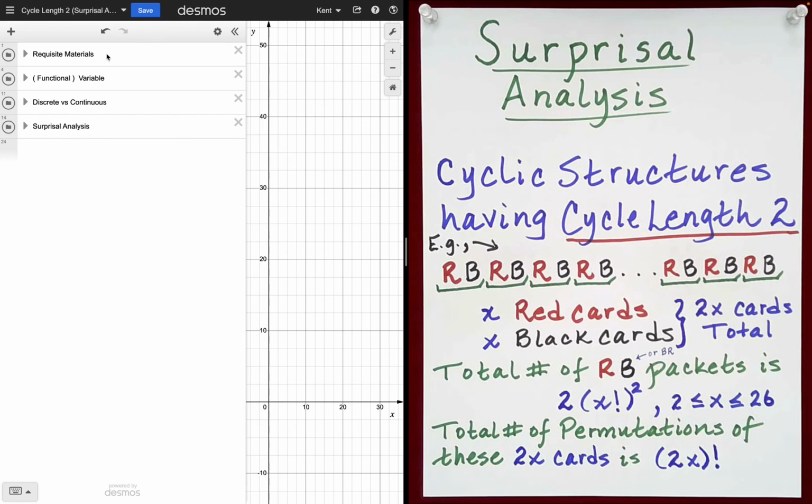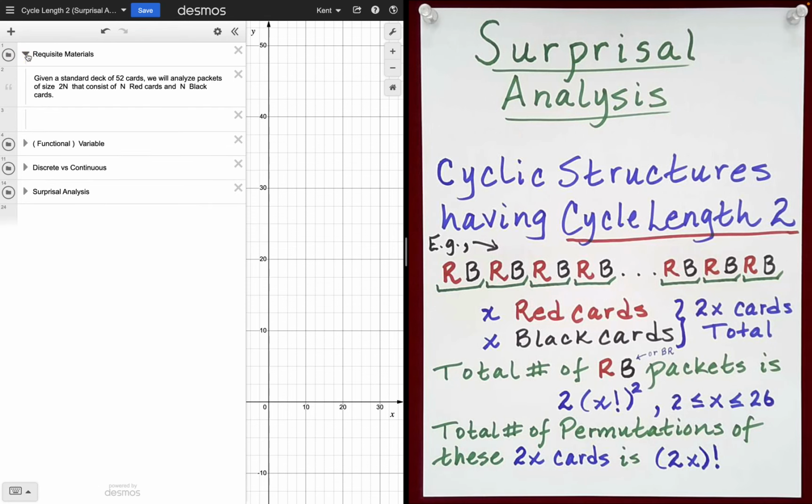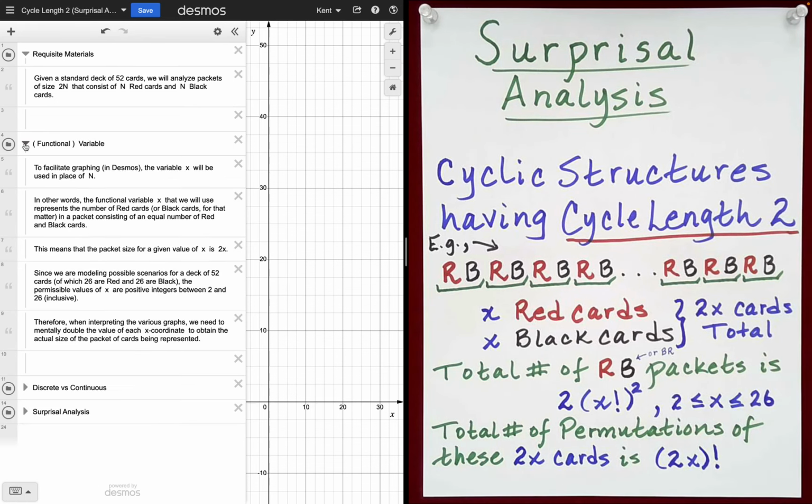So let's take a look at our activity here. Given a standard deck of 52 cards, we will analyze packets of size 2n that consist of n red cards and n black cards. To facilitate graphing in Desmos, the variable x will be used in place of n.